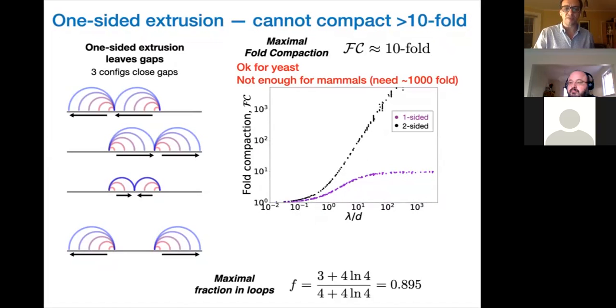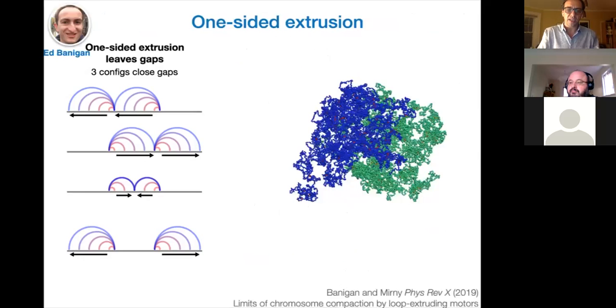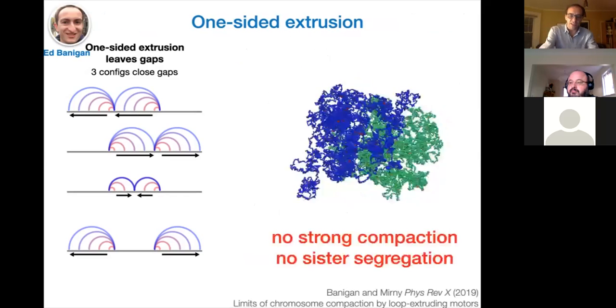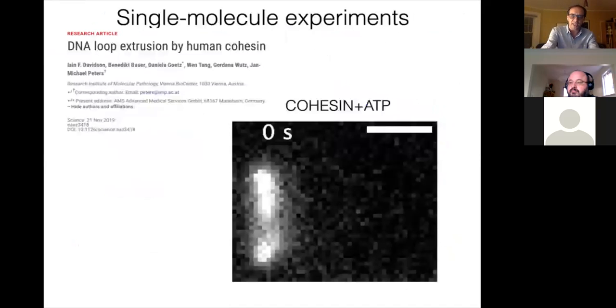Two-sided extrusion can give more than 1,000-fold compaction, or actually unlimited compaction, and one-sided saturates at tenfold. So basically it says loop extruders need to be two-sided, or at least it's got to be a mixture of one-sided and two-sided.